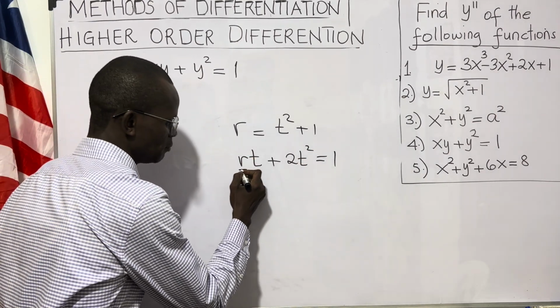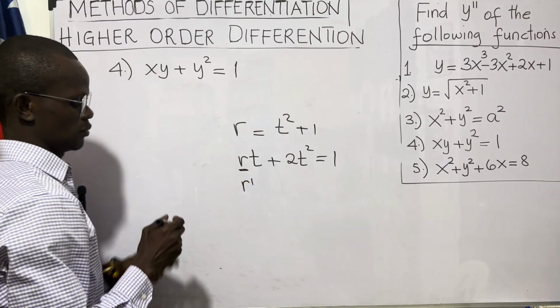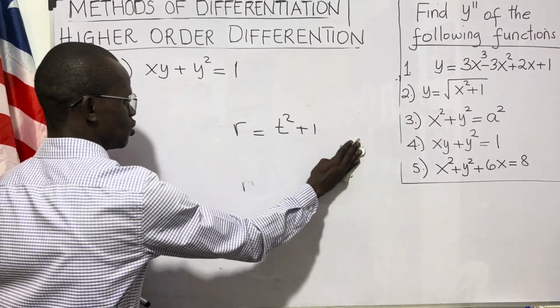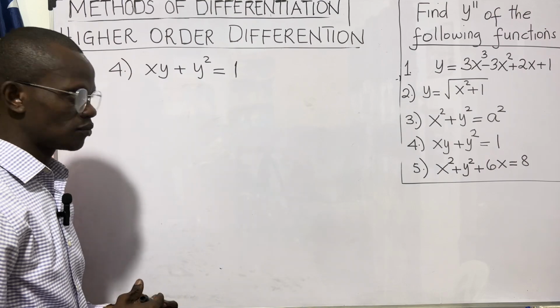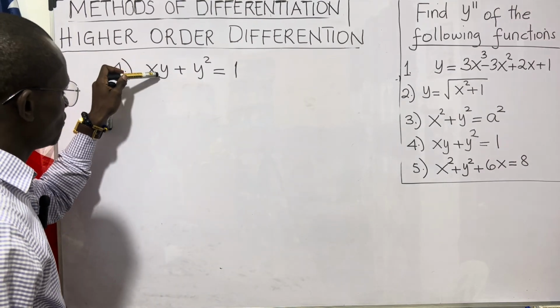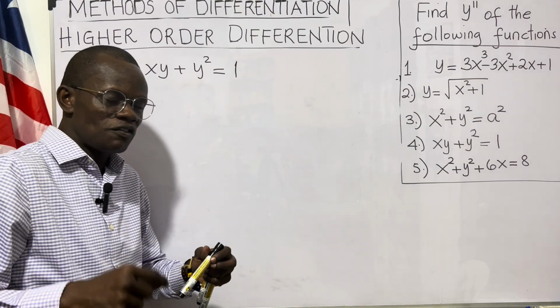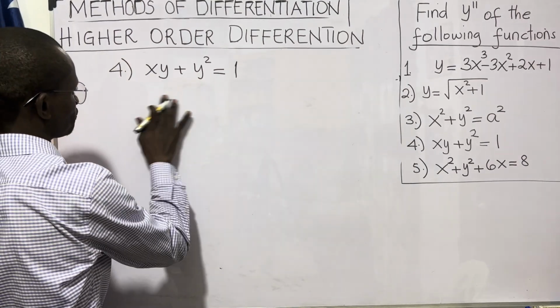Because the function name is arrow, when you differentiate arrow, you must attach arrow prime. So it's not only y that you attach y prime to; as long as it's the name of the function or the dependent variable. In this, the dependent variable is y and the independent variable is x. X is a variable within the function y. So that's why we attach y prime.